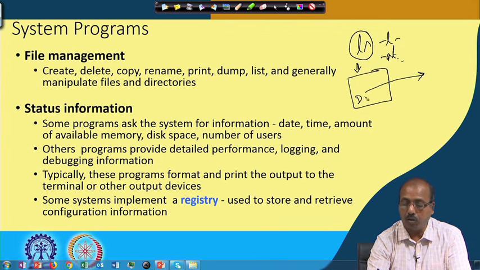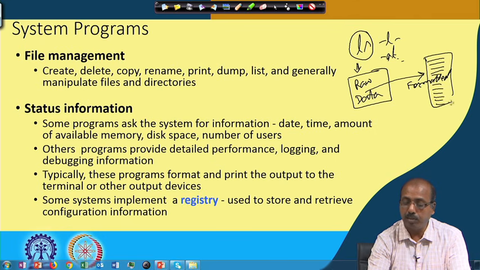So, this is the whole raw data that the system call has returned, and then it is formatted in proper fashion depending upon the options specified by the user, so that it comes in the way the user was looking for.